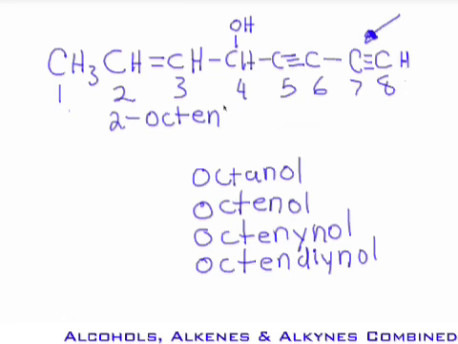So coming back, what do we have? 2-octene. Where's my ynes? A yne at 5 and 7, so we have a 5,7-diyne. And where's my ol? The ol's at 4, a 4-ol.